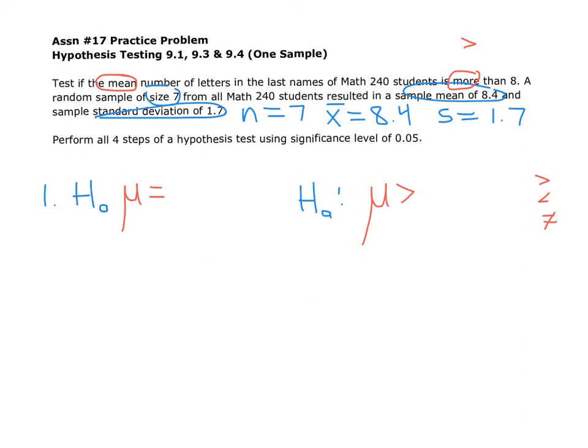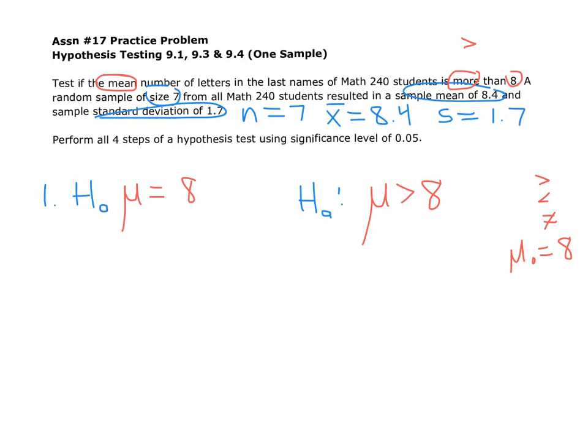And then we need a value to plug in there. Well, it's more than 8, so that is our mu sub 0. So mu sub 0 is equal to 8. That's the fixed value that we are comparing the mean number of letters in the last name to.